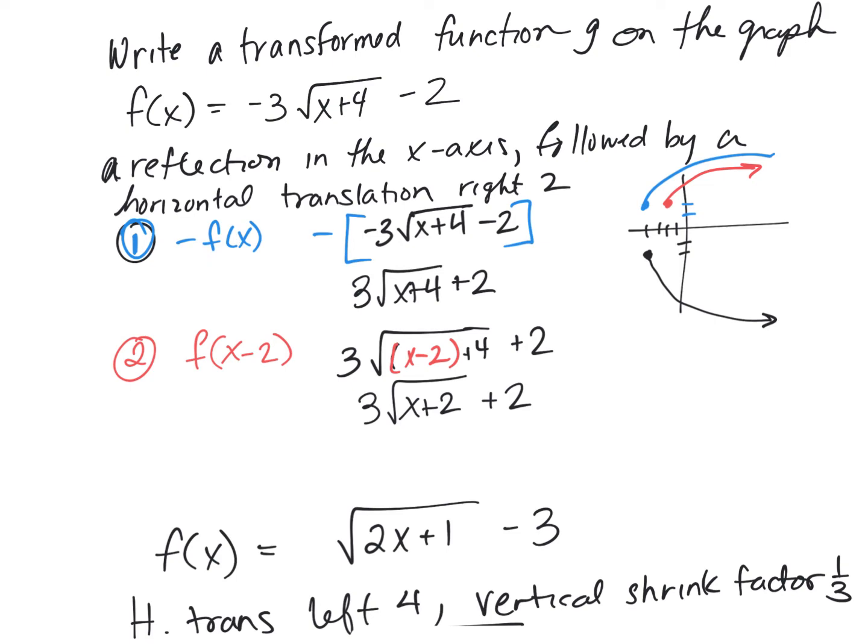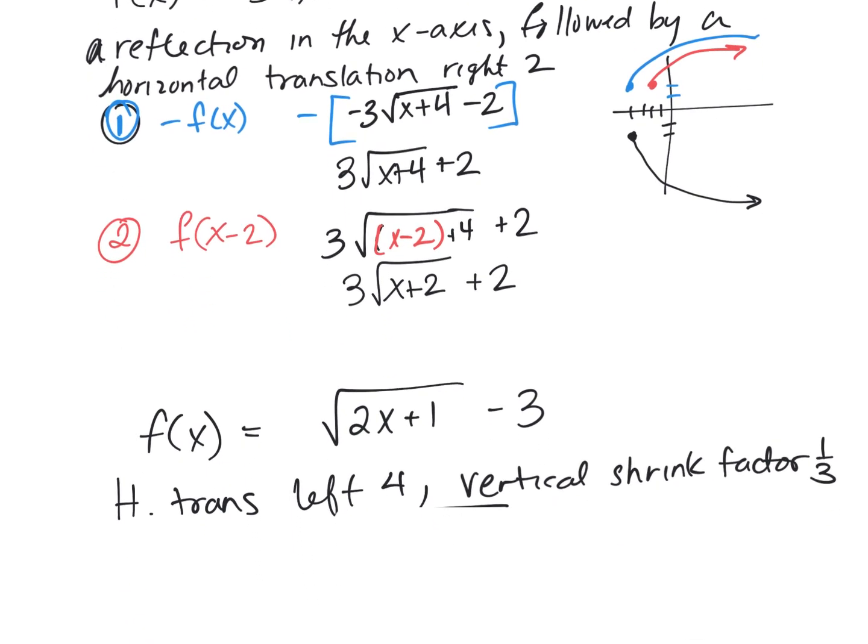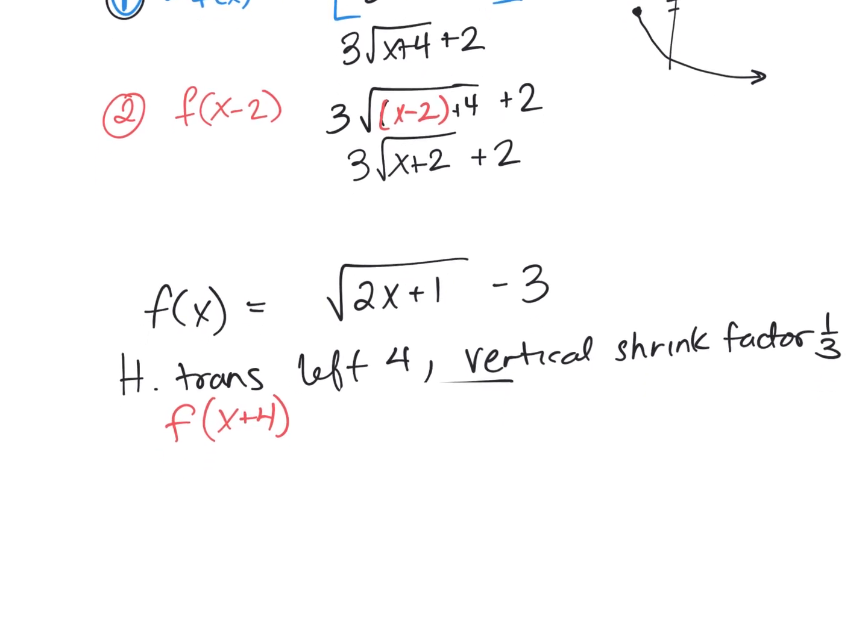Okay, so we have the next function, f of x equals the square root of 2x plus 1 minus 3. We're going to do a horizontal translation left 4 and a vertical shrink factor of 1/3. I'll give you a second to write it down. So, how do we write a horizontal translation left 4? F of x plus 4.